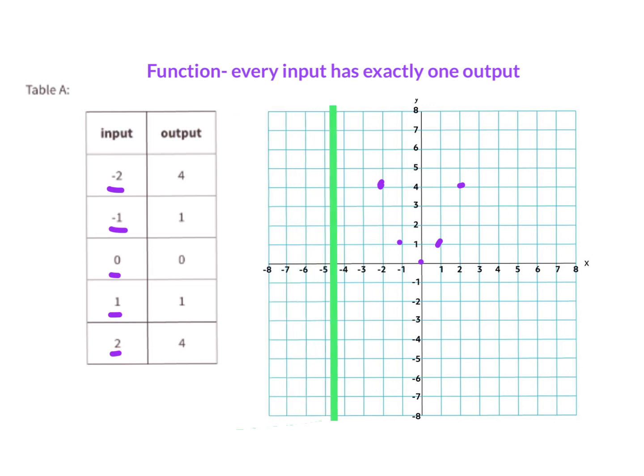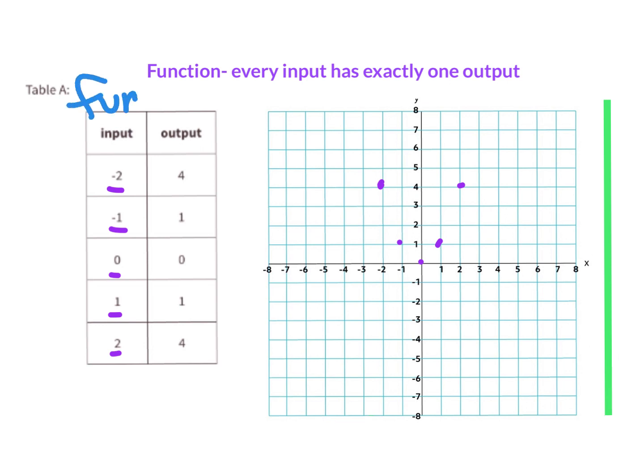As I pull a vertical line across, at -2, only 1 point touches. At -1, only 1 point touches. At 0, only 1 point touches, and so on. So it passes the vertical line test. So table A is a function.